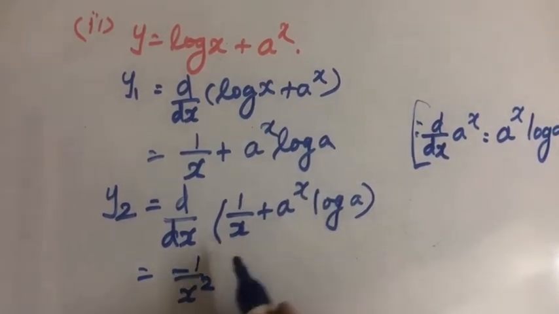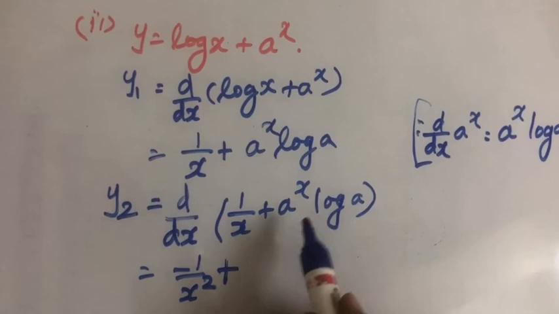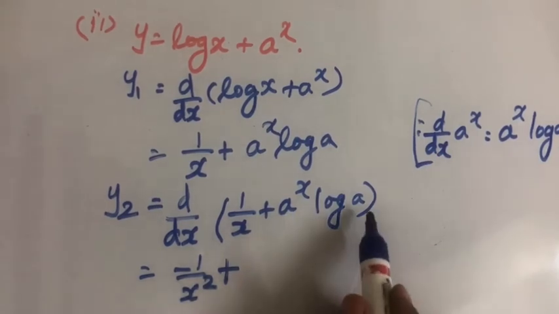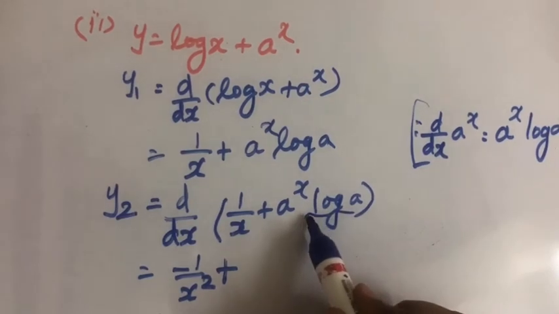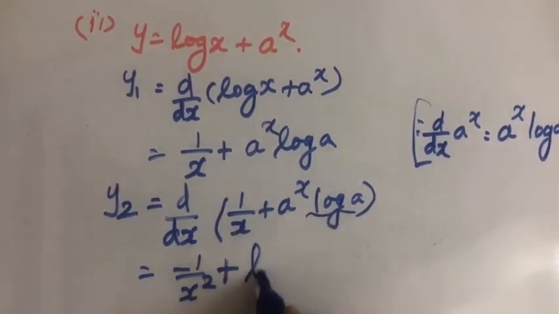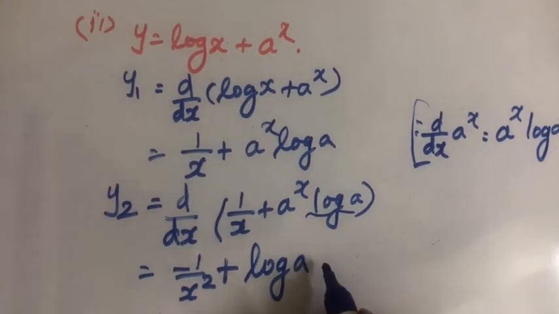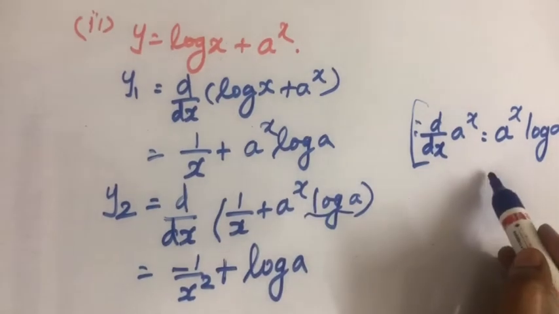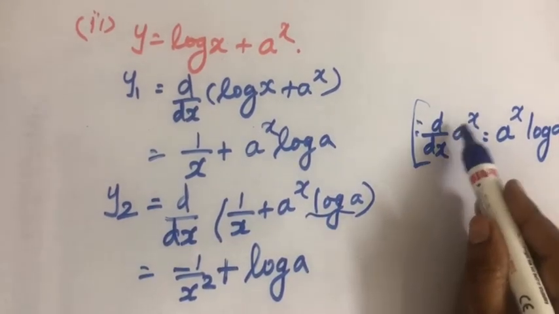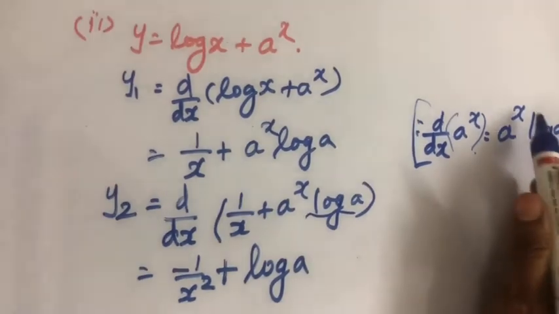Okay, so plus we have to differentiate this in the UV method. But log a is here, two functions are there, but log a is a constant. So I take log a as common. So log a into, we need to differentiate a power x. What is the differentiation of a power x? Differentiation of a power x is equal to a power x log a.